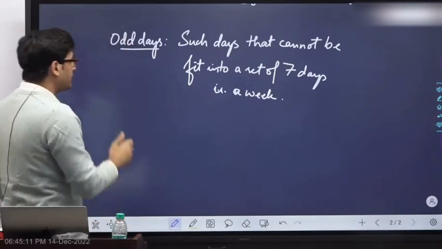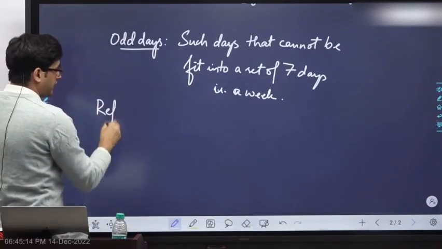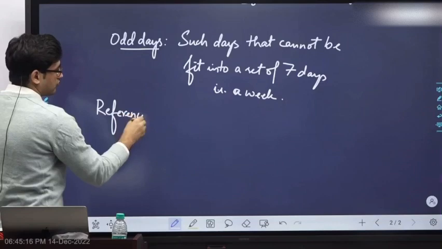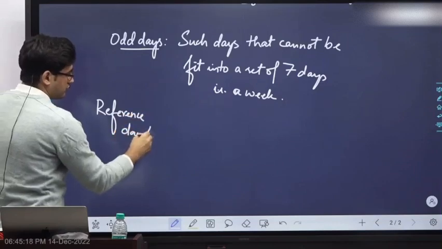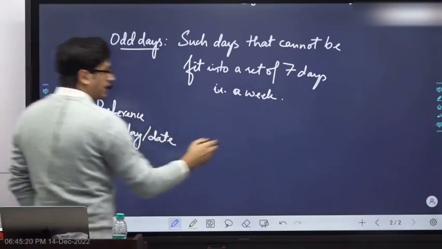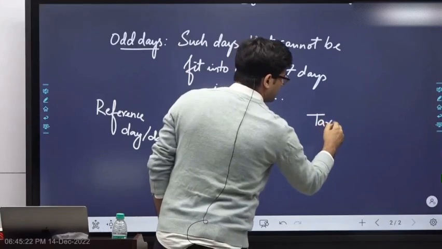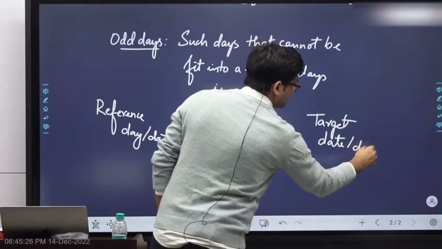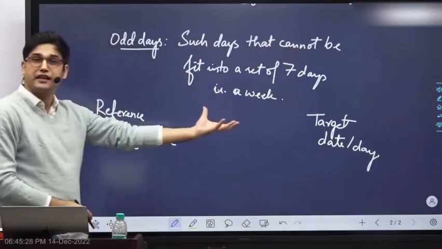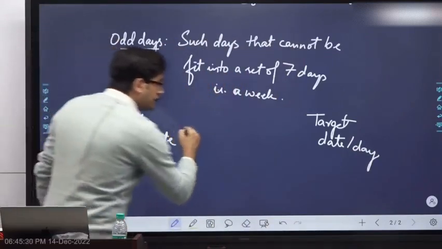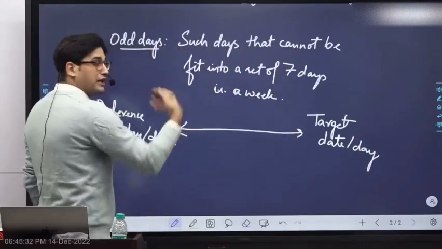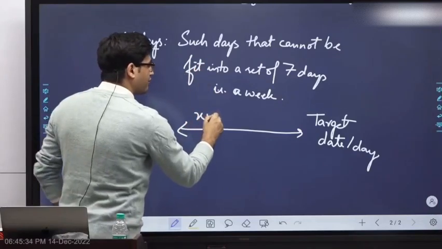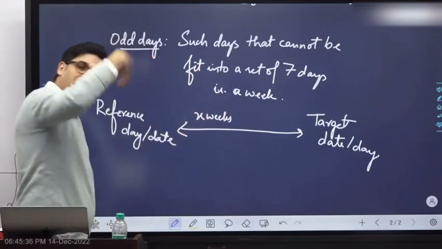Between what I have been given, what I call a reference date, and what I have to find out, which I call a target date, it does not matter to me how many weeks have passed. X number of weeks, it can be in multiples of whichever, I don't care.